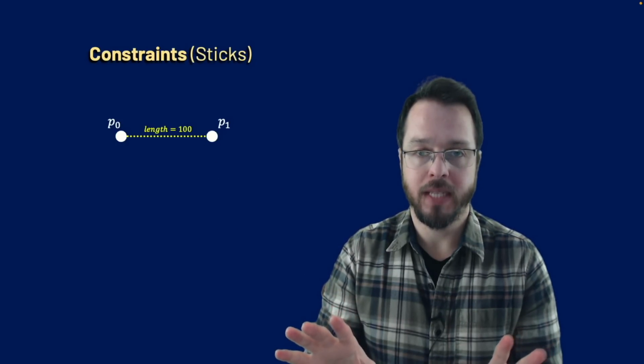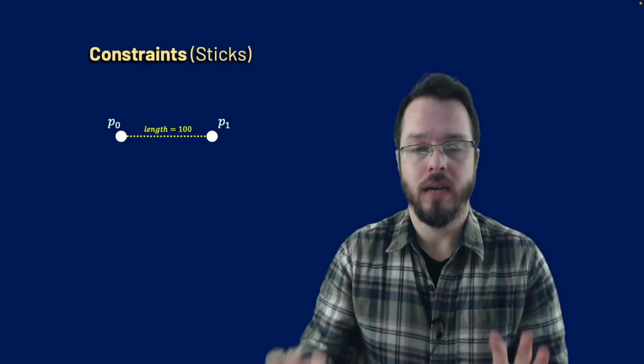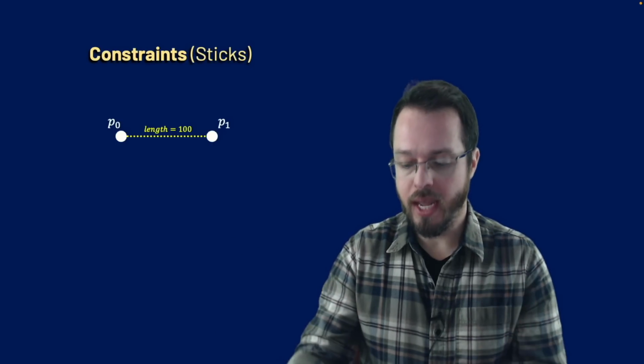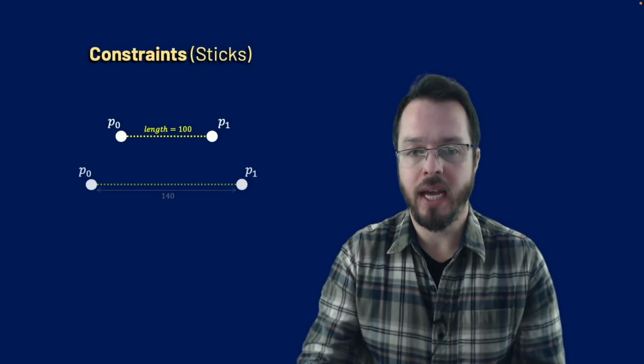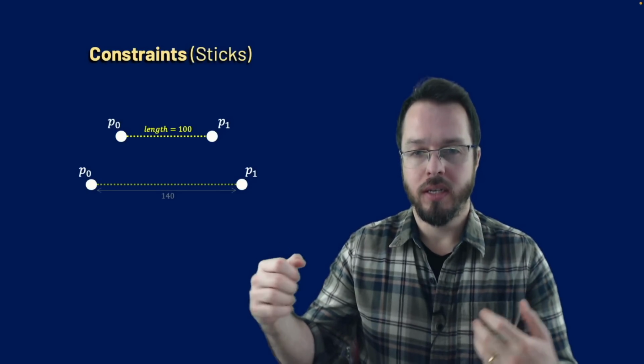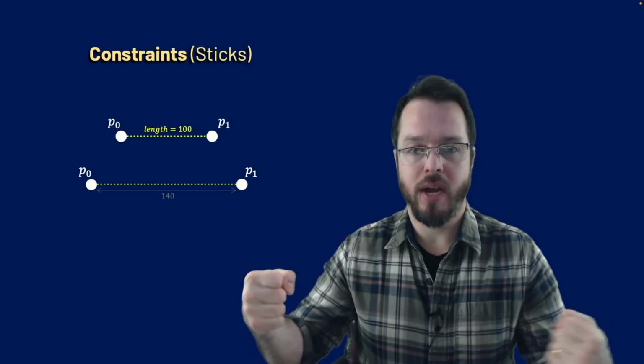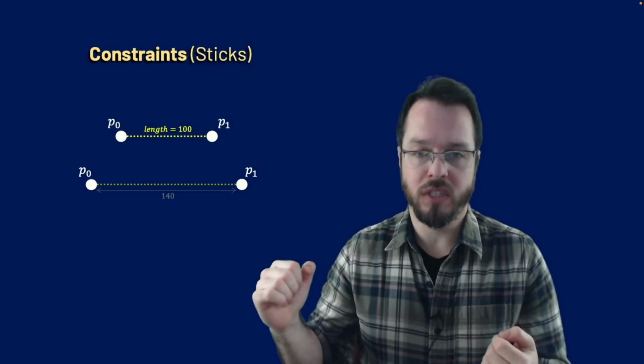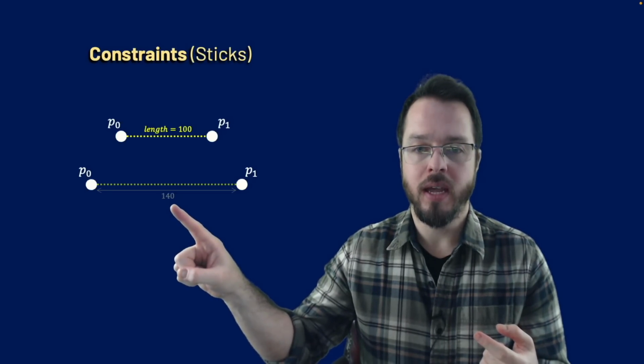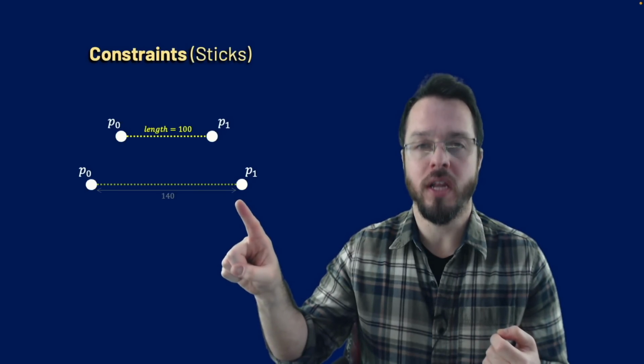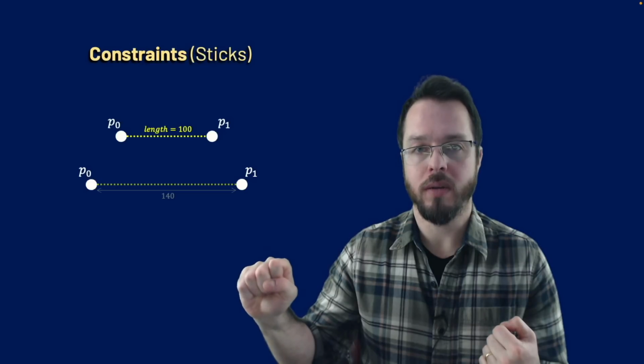That's it. So if by any chance our simulation is happening, there is wind blowing, and we end up in this case right here, where let's say that they kind of stretch, right? P0 goes that way, P1 goes this way. So let's just say that we end up with a distance of 140 between point 0 and point 1.